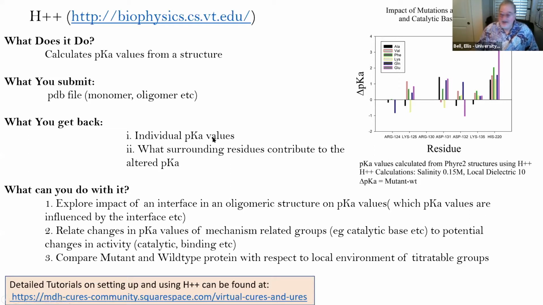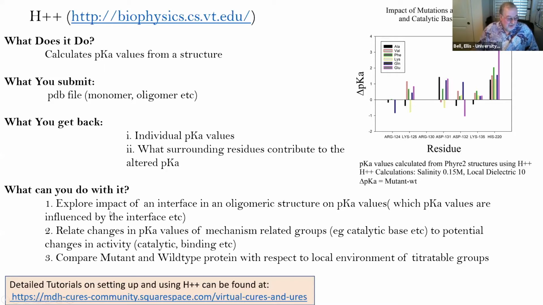In other words, histidine is rarely 6.0 in a real structure, and this individual pK for histidine is not 6.0 most of the time, but you get a list of what contributes to it not being 6.0 for each individual histidine in the structure or whatever. So what can you do with this information? Well, a whole bunch of different types of experiments. You can explore the impact of an interface on an oligomeric structure on pKa values.